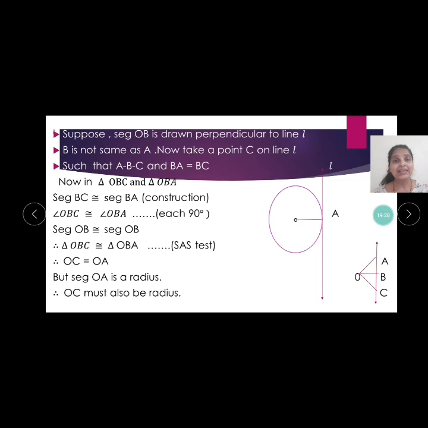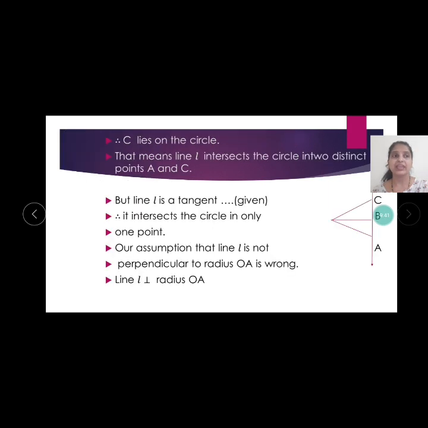But line L is the tangent to the circle, right? As line L is tangent to the circle, it cannot meet the circle at 2 distinct points, A and C. As it is a tangent, it will intersect the circle at one single point.